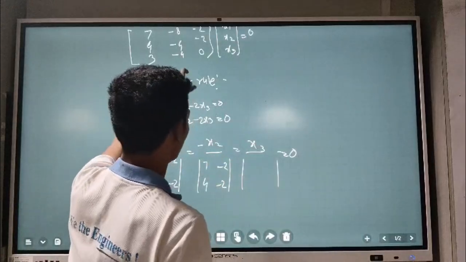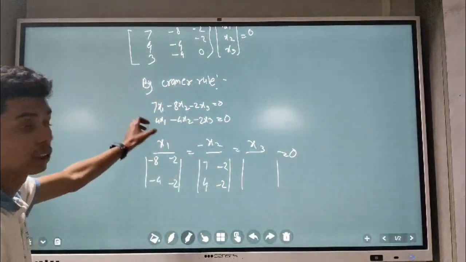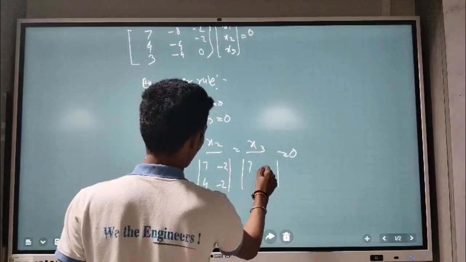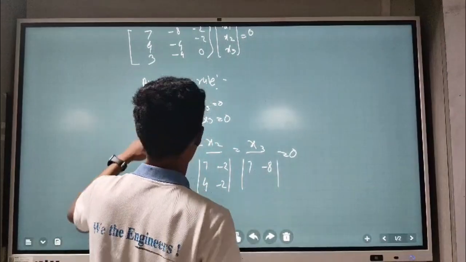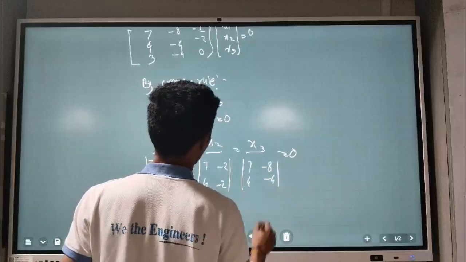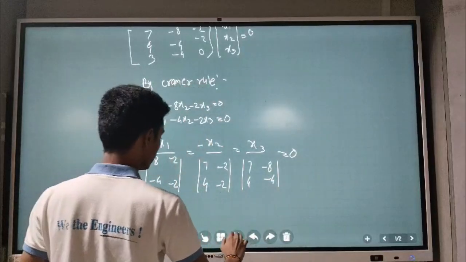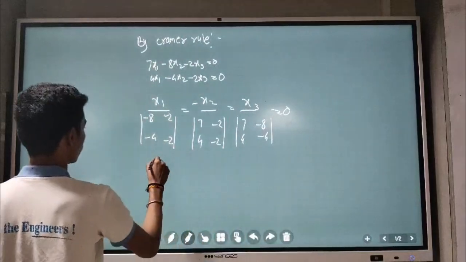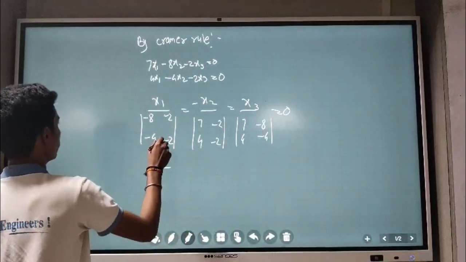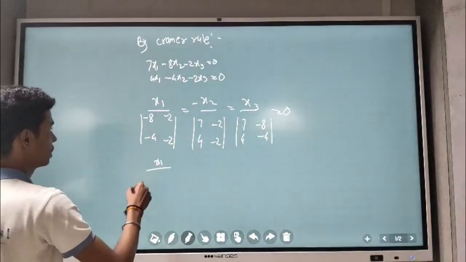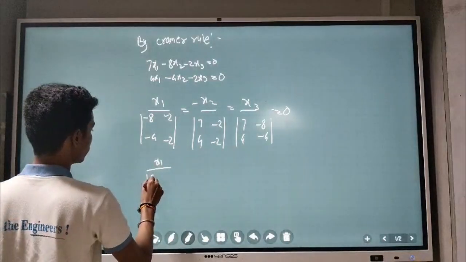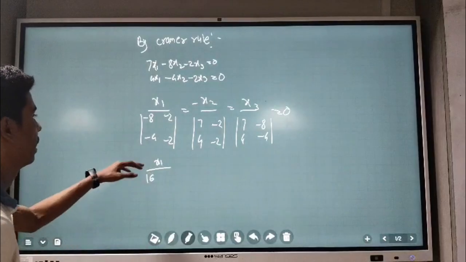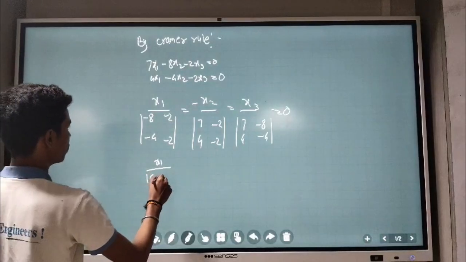For x3 we drop the x3 column and take only the x1 and x2 values, 7 minus 8 and 4 minus 4. Then we solve these. For x1, 8 times 2 is 16, minus minus is plus 16, and 4 times 2 is 8, minus minus is plus.